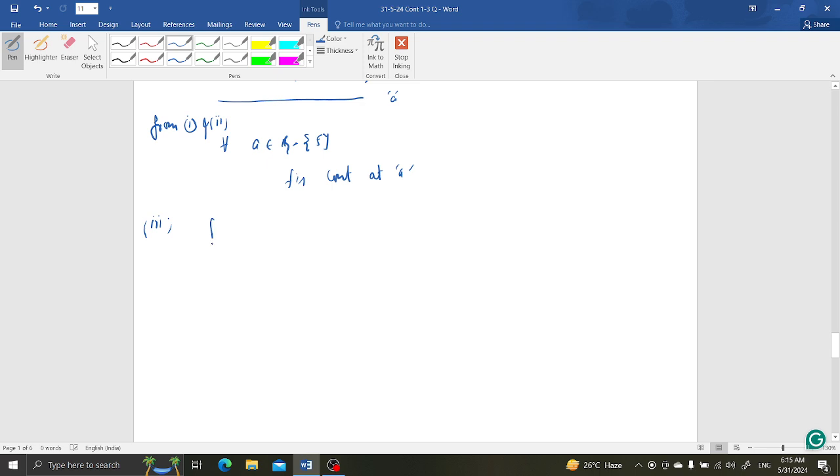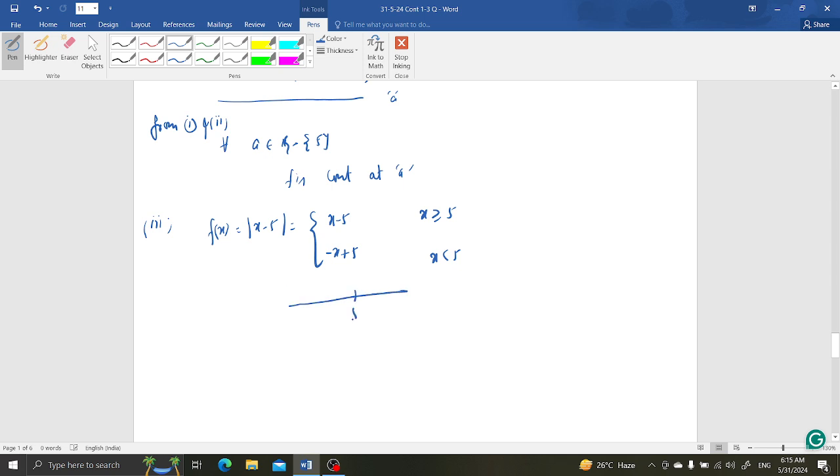Here you have a function, again I'll redefine it, mod x minus 5 you have. How we can define, you have x minus 5 for x greater than equal to 5, and minus x plus 5 for x less than 5.